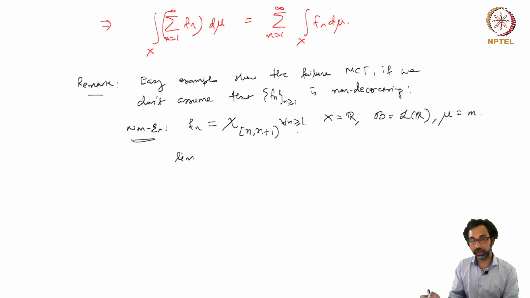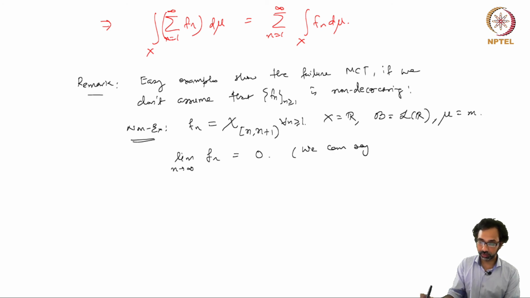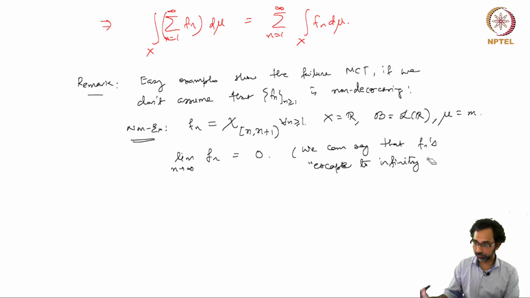So first of all, this is not an increasing sequence, and when you take the limit as n goes to infinity of fn, you get the 0 function, because pointwise we can say that the fn's escape to infinity horizontally.